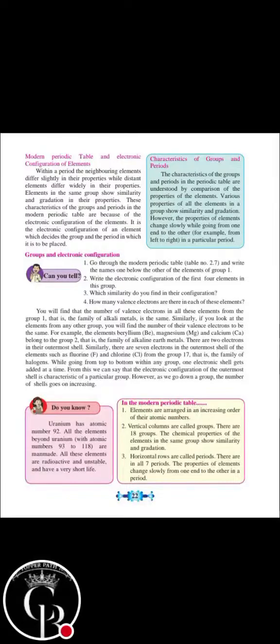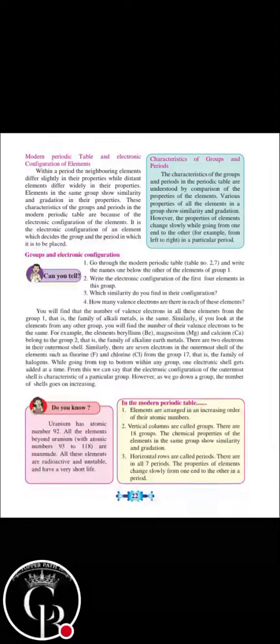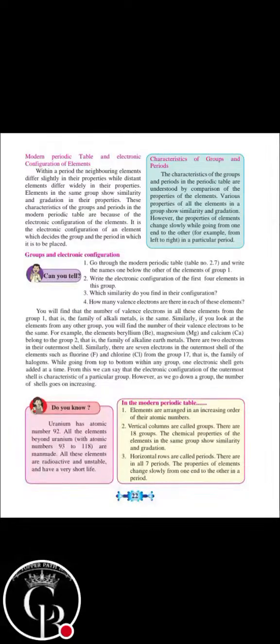Neighboring elements within a period differ slightly in their properties, while distant elements differ widely. Elements in the same group show similarity and gradation in properties.